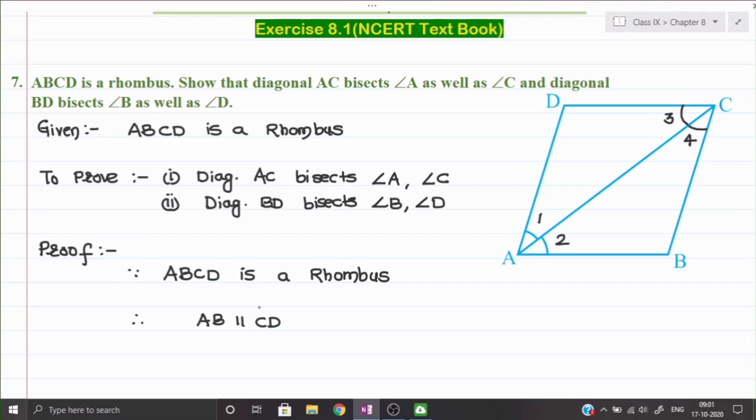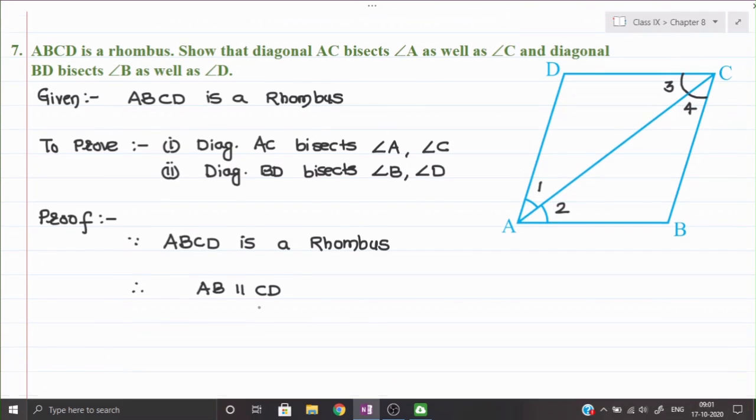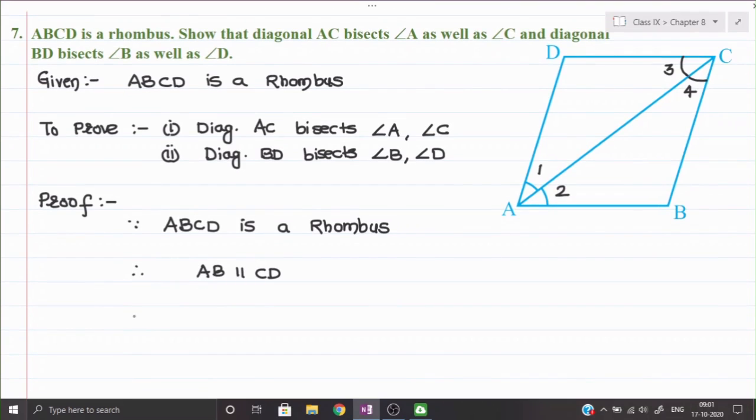If AB and CD are parallel, angle 2 and angle 3 will be equal, because these are alternate angles. Alternate angles are equal if lines are parallel.